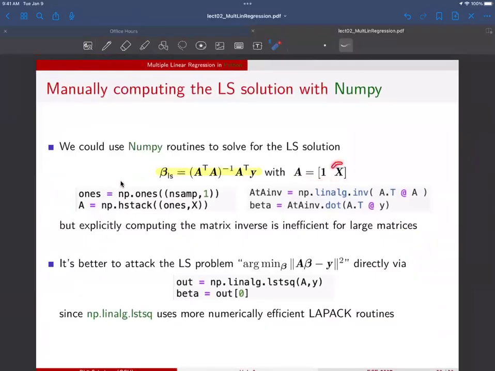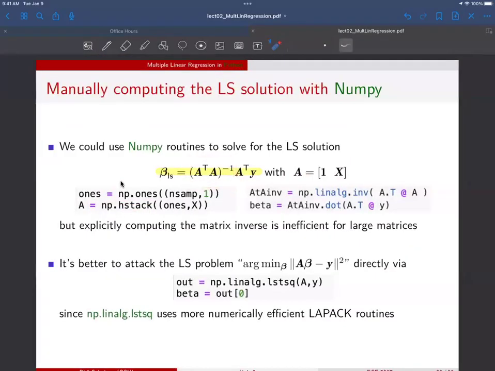Assuming that you have your X matrix, which is usually something you get when you download your data, you can construct your A matrix by first making a column of ones. We can do that using the numpy ones command, telling it to make that matrix the right dimensions. Then we can use hstack to make this matrix A, where we do horizontal stacking between those two matrices.